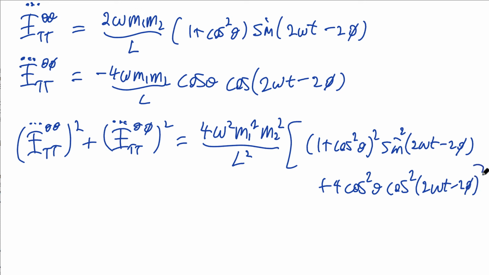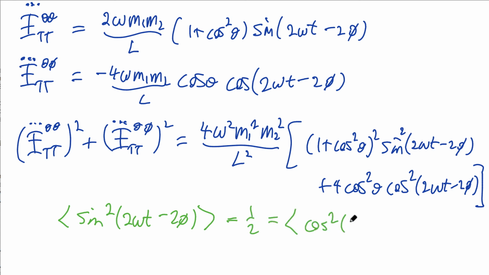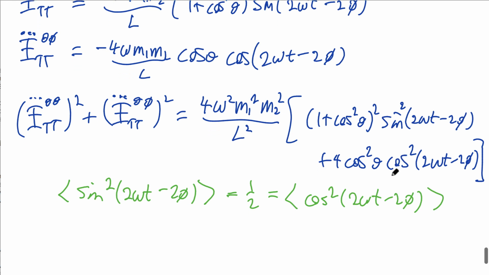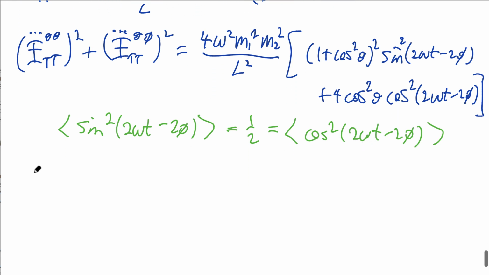Now we need to average this result over several wave periods. So the average of sine squared of 2 omega t minus 2 phi over several wave periods is 1/2. And likewise, the average of cosine squared of 2 omega t minus 2 phi over several wave periods is 1/2. So when we average this quantity, we have a factor of 1/2 coming from both the sine squared and the cosine squared. And this gives the following.